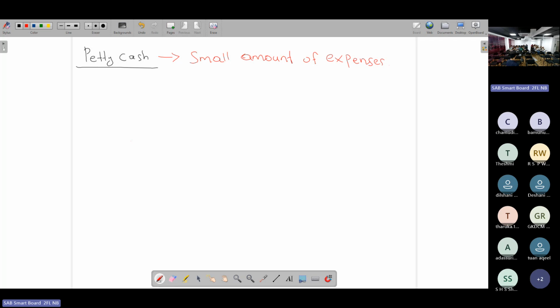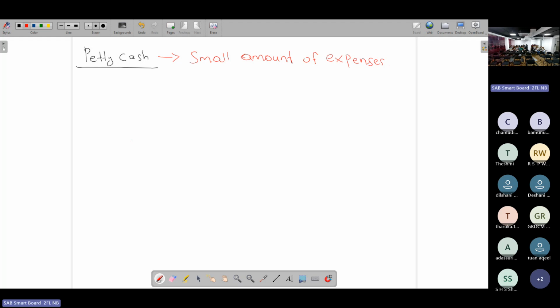has a process. First, you know what is meant by petty cash: small expenses. For that purpose, to handle small expenses, every organization appoints a person called a petty cashier.